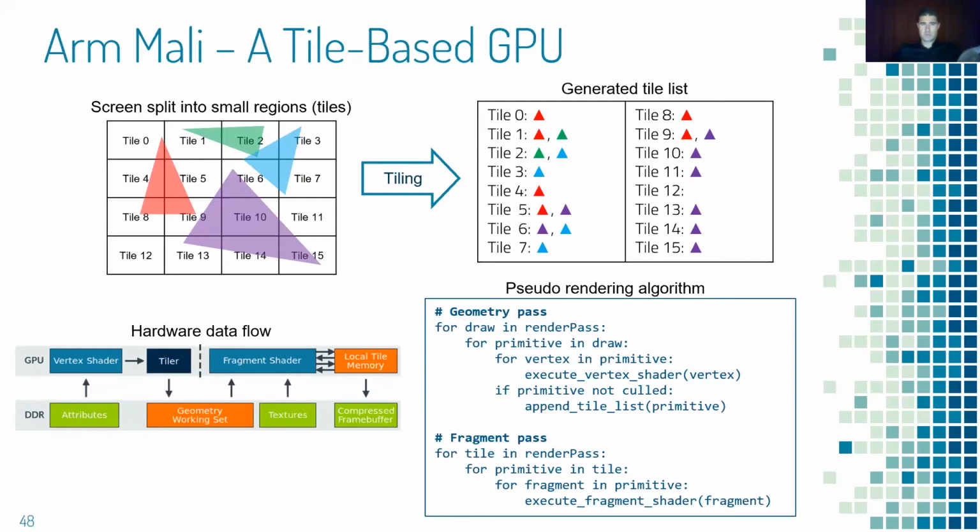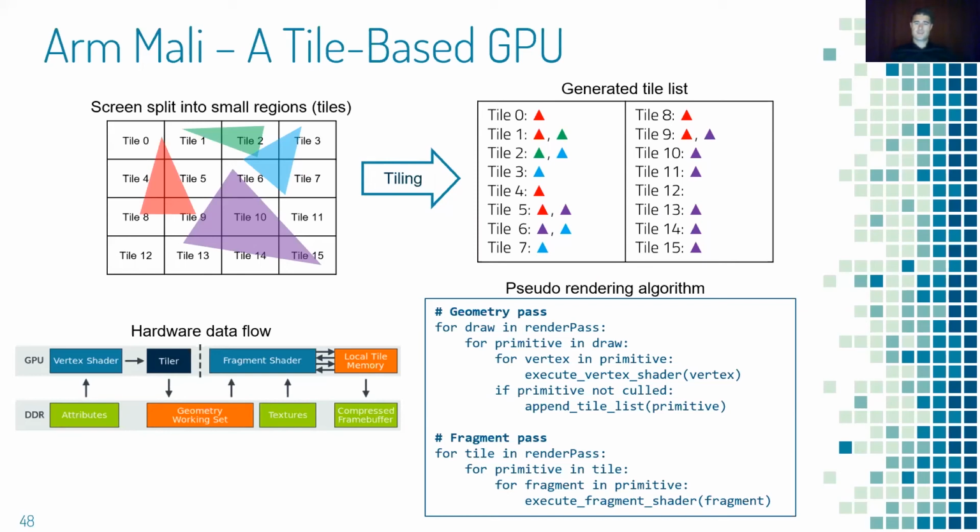In this example, on the upper left part of the screen, you can see that the screen is divided into 16 tiles. That's just arbitrary for this example. Rendering is divided into 2 parts, as you can see in the pseudo rendering algorithm. The geometry pass goes through each draw call in the render pass, and for each primitive in that draw, it runs vertex shading.